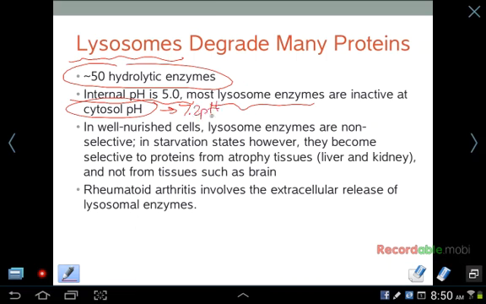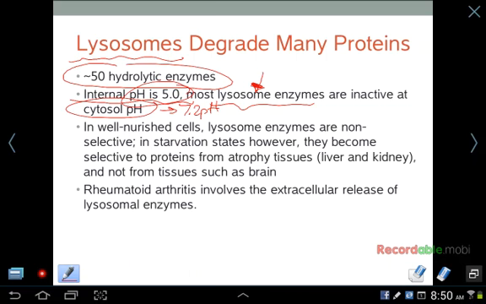And there's a reason for this, and I want you to kind of ponder. You can look in this section of your chapter and read up on it, but there's a defense reason for the cell that we store lysosome enzymes that are only active at pH 5.0 separate from cytosol pH.